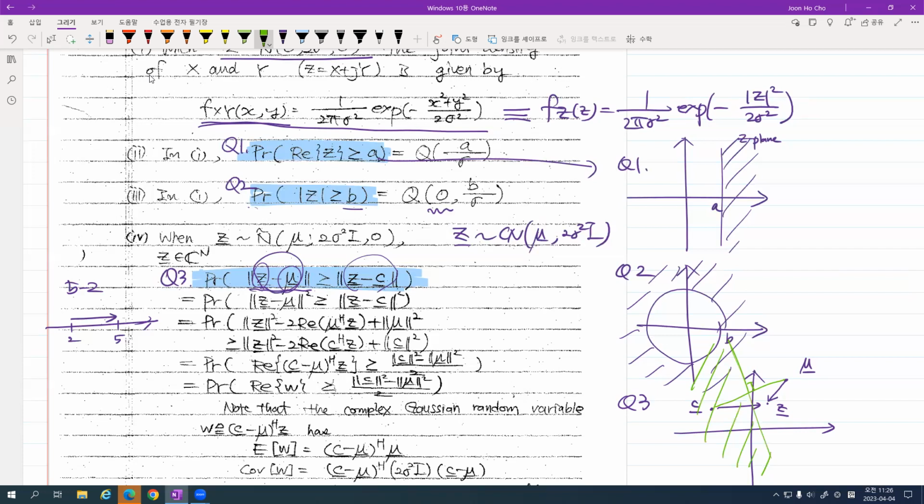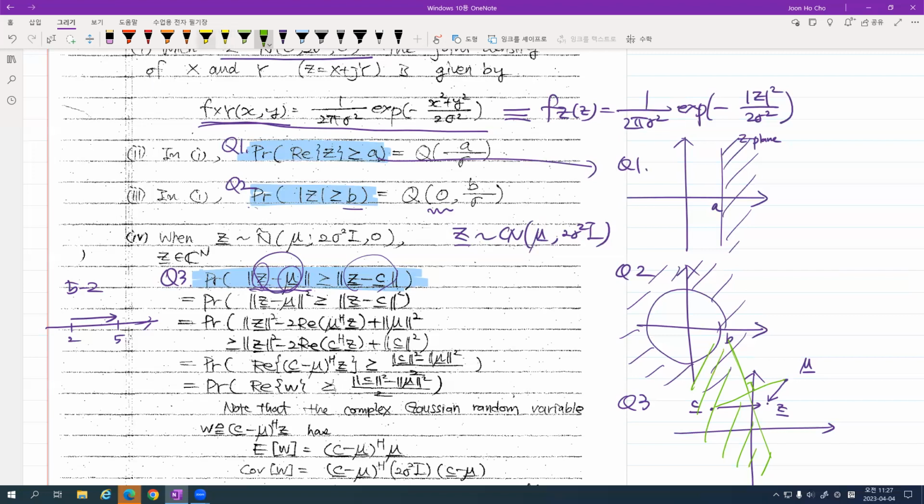Depending on the location of the two vectors c and mu, you may have quite different areas to be integrated. However, you have an independent Gaussian density with some mean mu. So this is the mean, and your spherical density function is centered here.